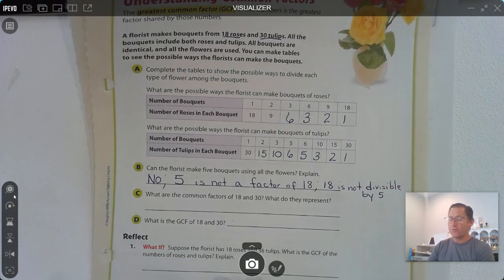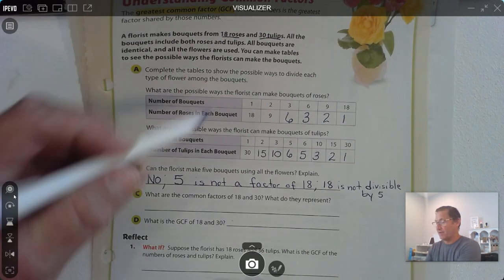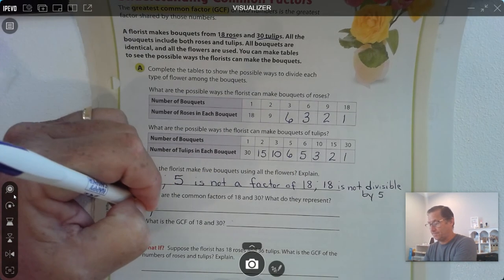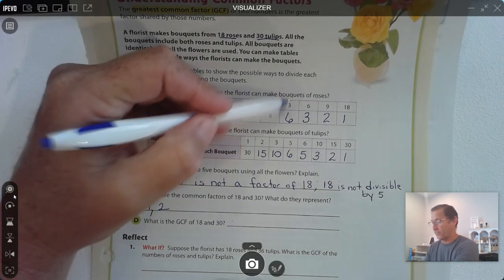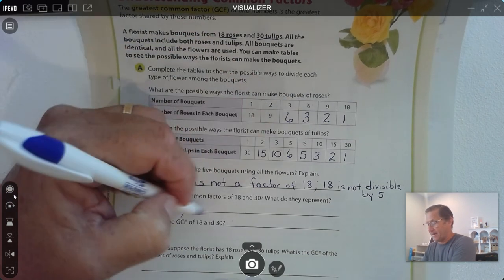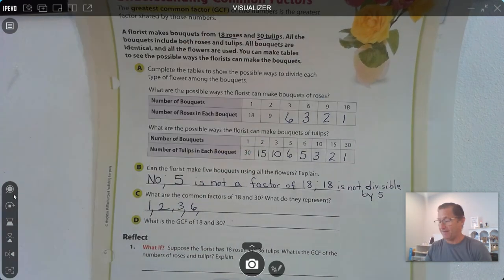All right, so what are the common factors of 18 and 30? And what do they represent? Well, I see 1 in both. I see 2. 3 is a factor of both. 6 is a factor of both. And that's it, right? So we have 4 common factors. What do those factors represent? Well, they represent the number of bouquets that can be made using all the flowers.